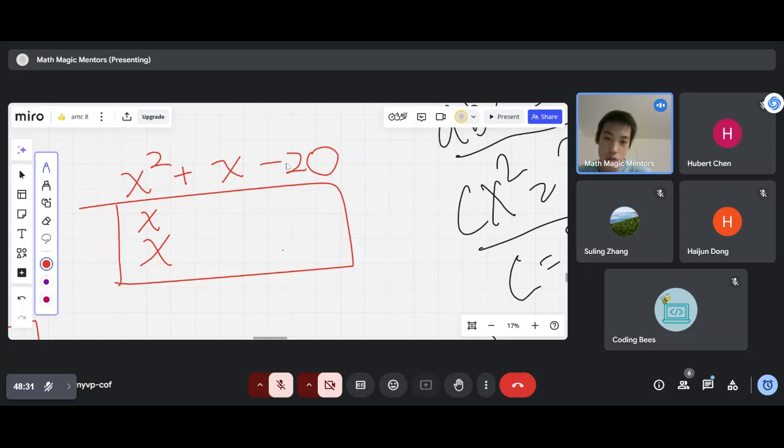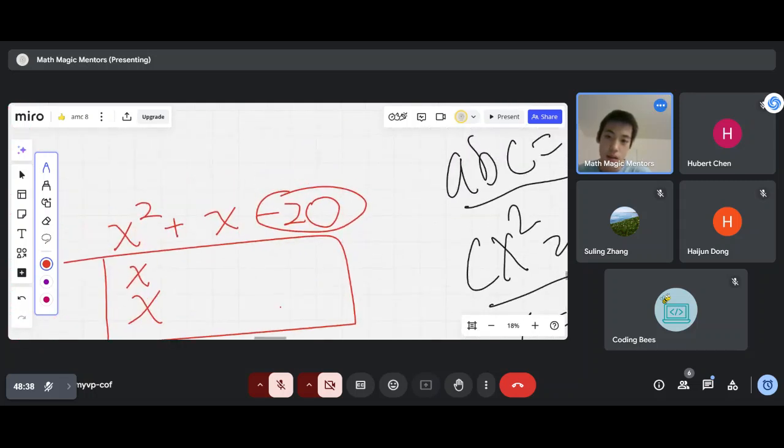Now let's think about negative 20 for a second. We can factor negative 20 in a variety of ways. Let's first factor 20, in terms of integers. 20 can be written as 1 times 20, 2 times 10, 4 times 5. And we don't need 5 times 4 because it's just the same thing reversed.